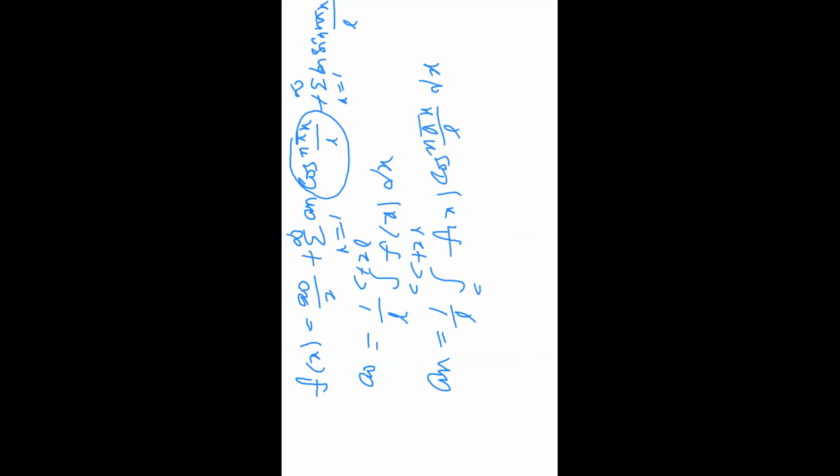Next, bn equal to, only the formula is very, very important. Suppose in the given examination we have to write the formula, you get 2 marks. The formula carries 2 marks, so that's why I am writing the formula many times. Sin n pi x by L into dx. This is the fundamental or basic formula of the Fourier series.